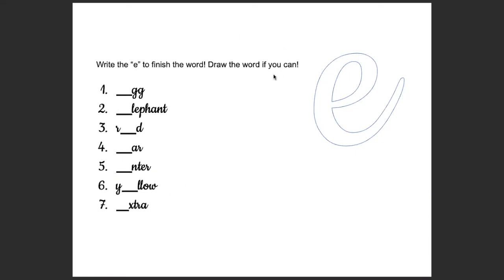So the first thing I'm going to do is trace my eh on the side, just to remind you. And trace it with your fingers or your crayon. All right, now I'm going to write my eh in every spot. Once we finish writing it, then we can sound it out together. Are you ready? I'm going to write mine in pink so it's easy for you to see.